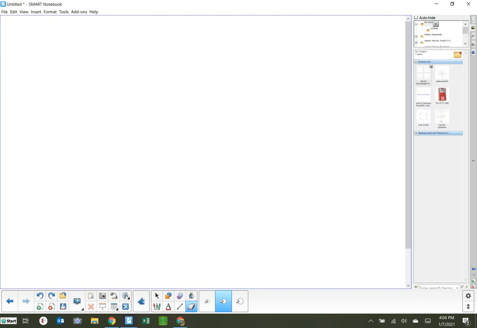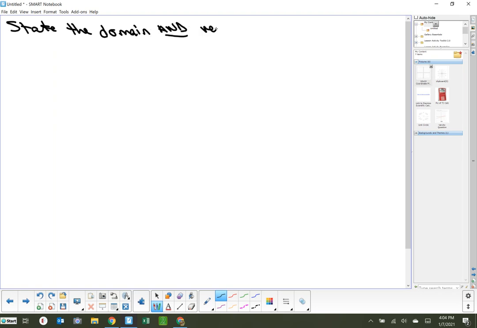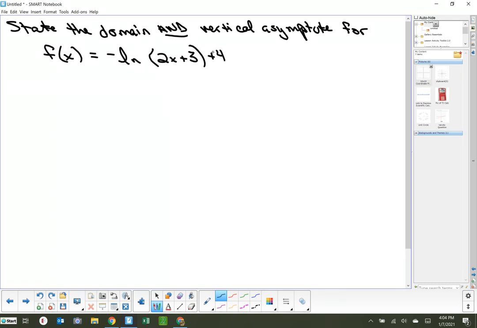So we're going to state the domain and vertical asymptote for f of x equals the negative natural log of 2x plus 3, plus 4.